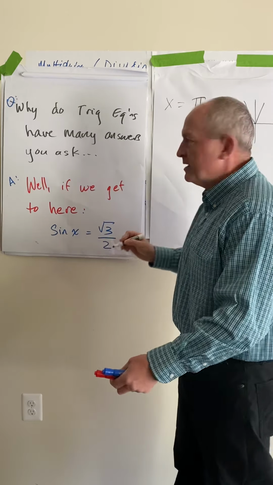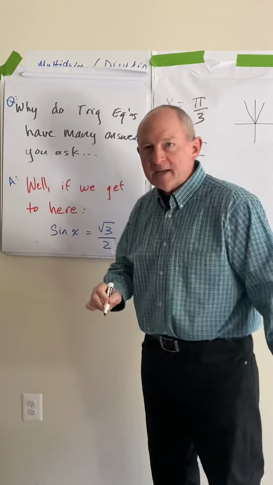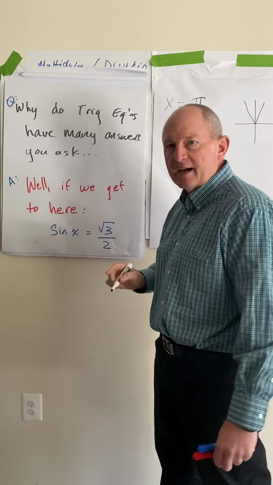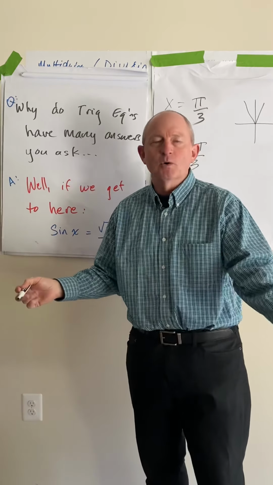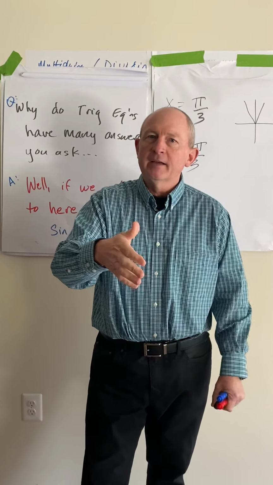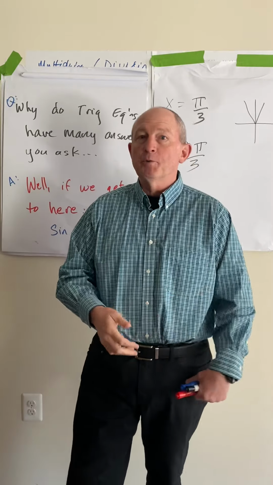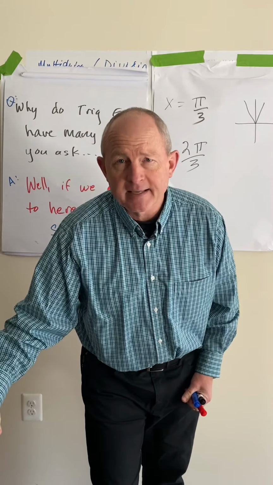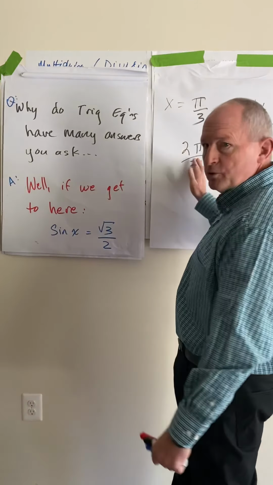And that one is 2 pi over 3. Okay, we got two answers. That's cool. Well, if the problem said, solve the equation for all values between 0 and 2 pi, and a lot of times they say that, then yeah, we would be finished. We'd have these two solutions.